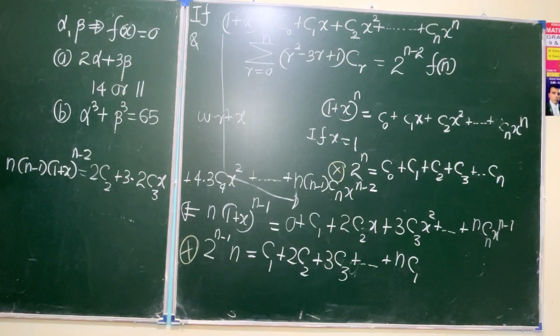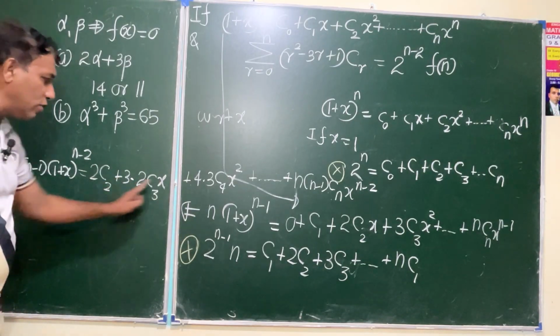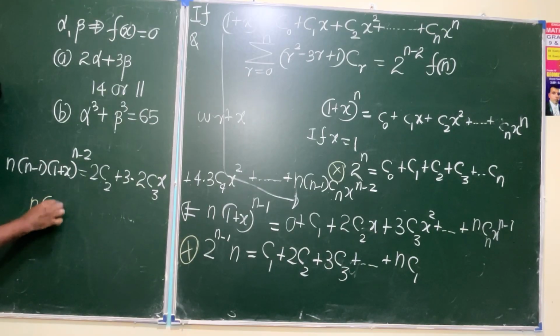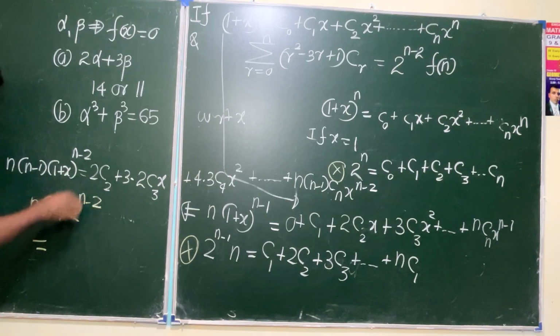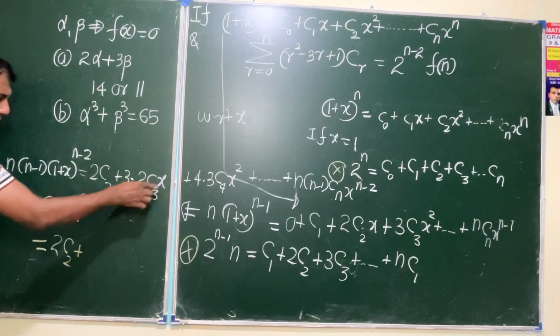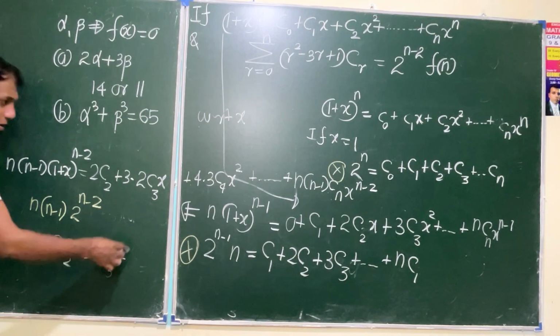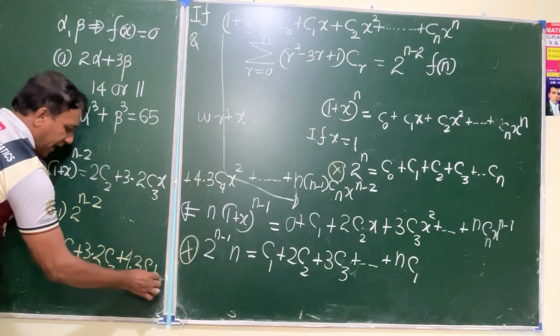So what happens if you put x = 1 in this series: n into n minus 1 times 2 to the power n minus 2 equals 2c2, plus 3 into 2 into c3, plus 4 into 3 into c4 and so on, right?